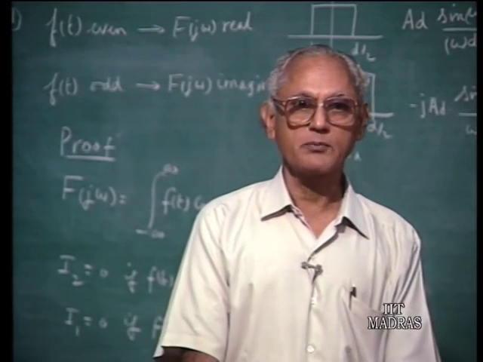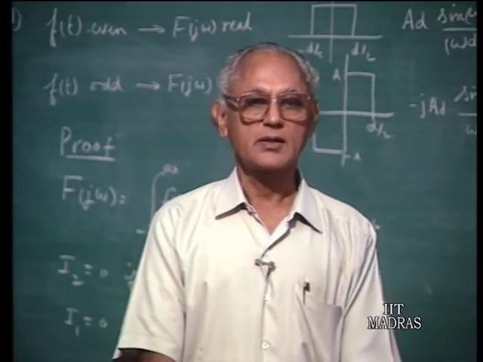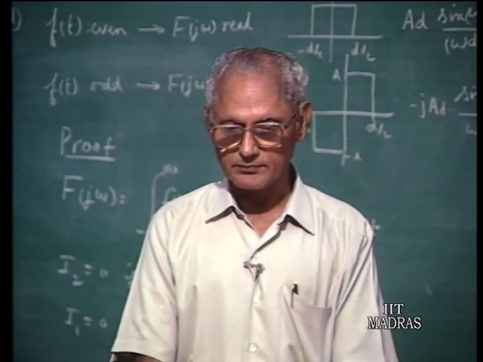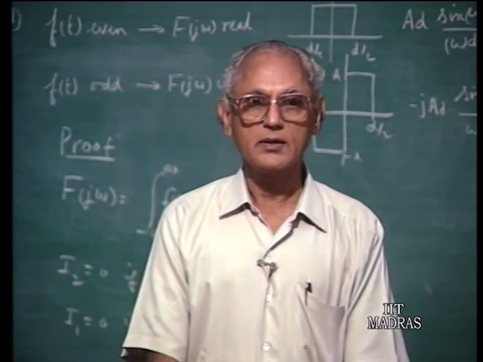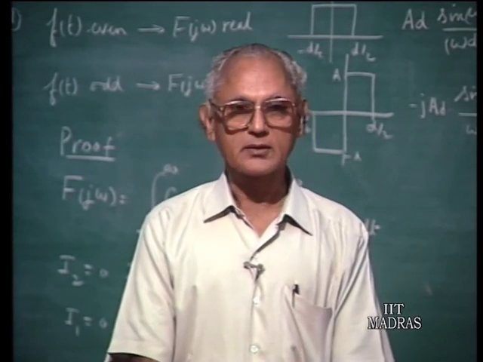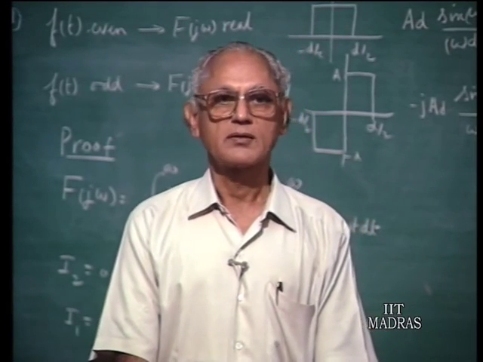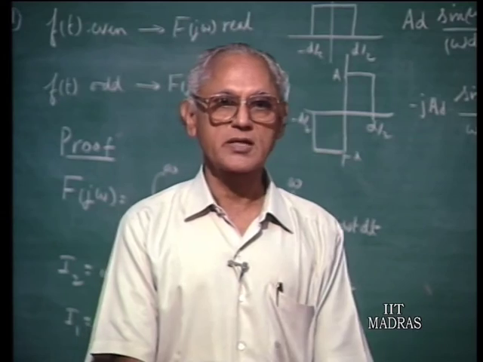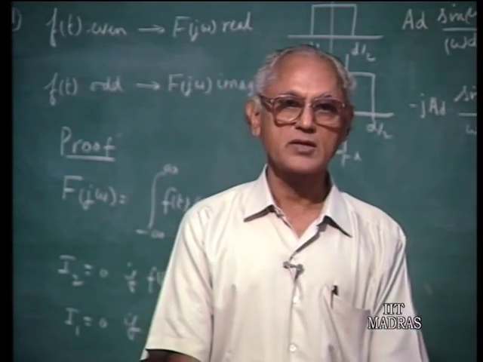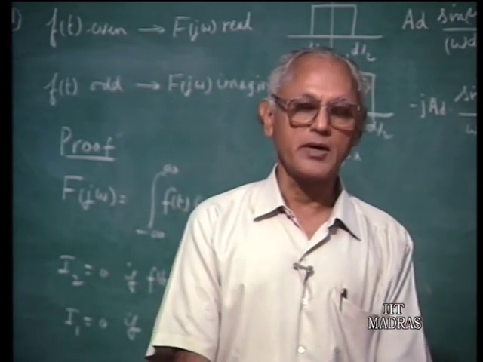The second important property that we studied was that if the function f(t) is delayed by τ seconds, then the Fourier spectrum gets modified: F(jω) gets multiplied by e^(−jωτ). That means the new function will have the same magnitude spectrum as the earlier function f(t), but the phase will be modified.